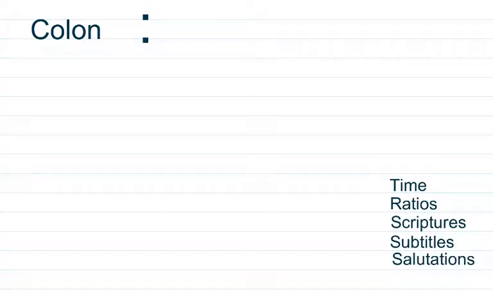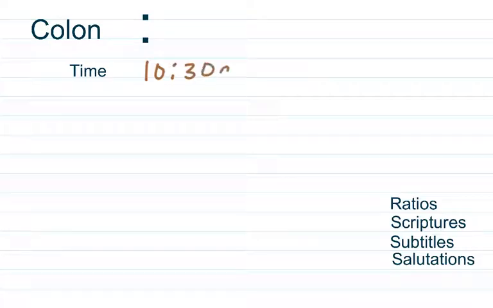Now here are some other uses of the colon. So we have time. Of course, we all know units of time. Let's say that we're talking about 10:30 a.m. Okay?